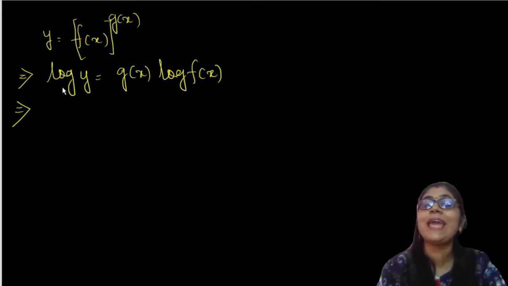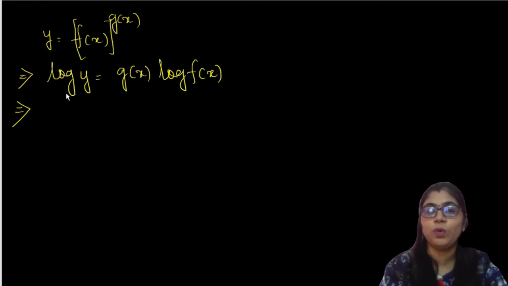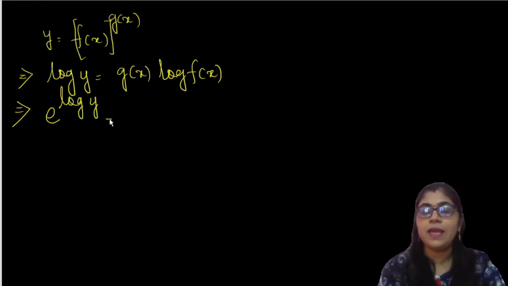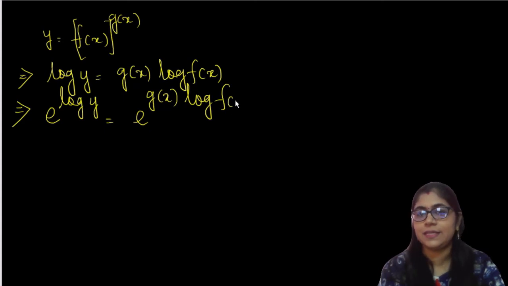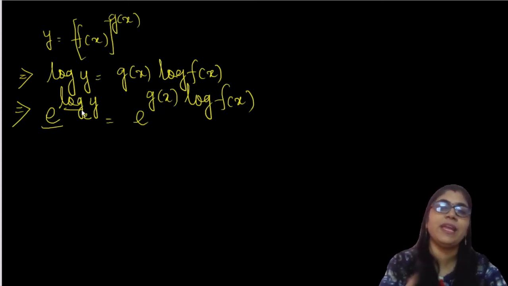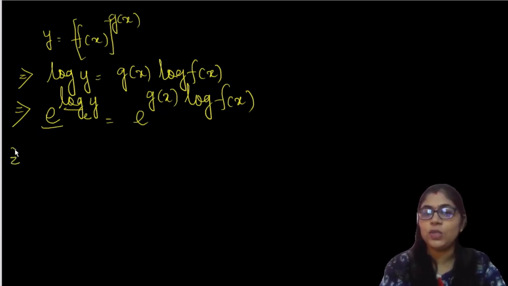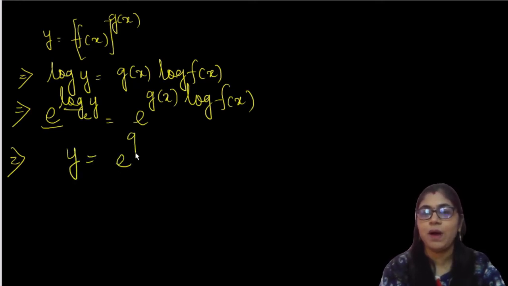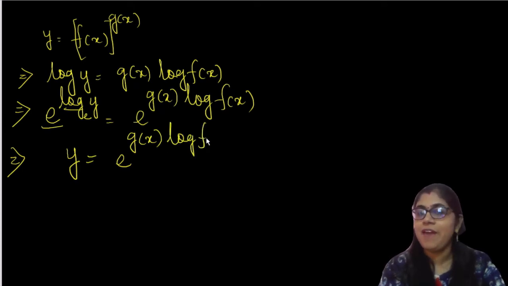Now if we take the exponential of both sides, that means e to the power log y equals e to the power g(x) log f(x). E and log cancel, with base e; if any base is not given, we can assume it as e. That means y is equal to e to the power g(x) log f(x).